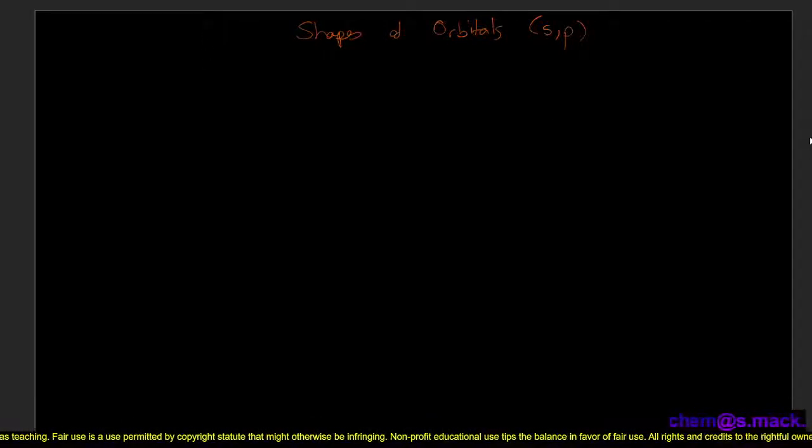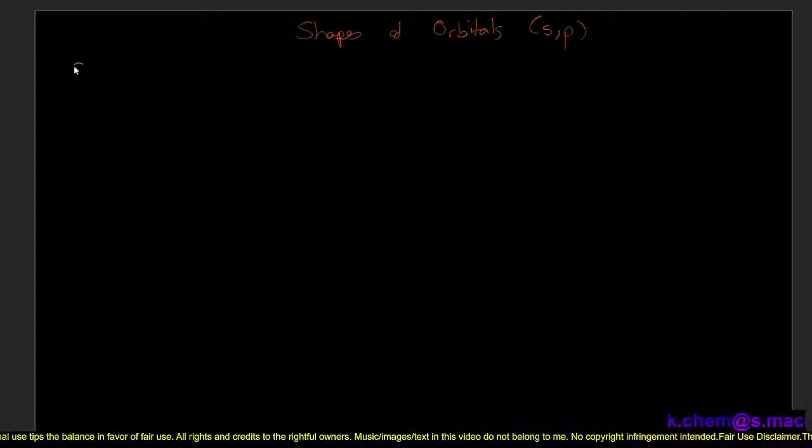So the shape of an orbital also helps to specify the characteristics of an electron in terms of size, shape, orientation, such that no two electrons can have the same four quantum numbers, and as such we differentiate our electrons as well by also looking at the shape of the orbital the electron is found in.